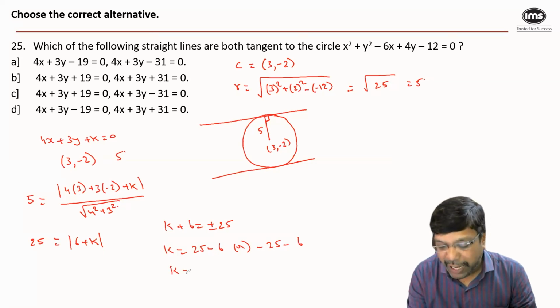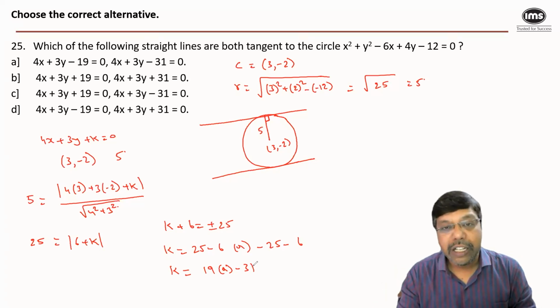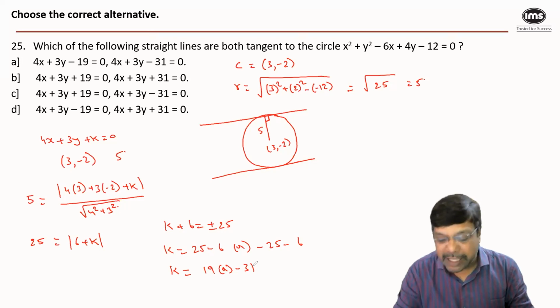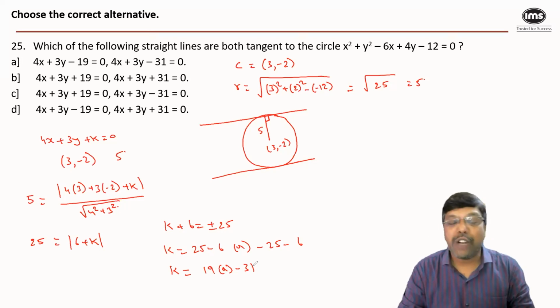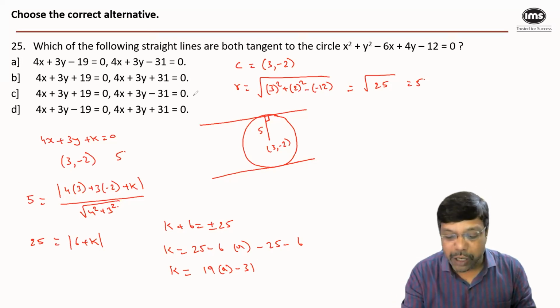So the value of k is equal to 19 or minus 31. Hence, the equations of the tangents to the given circle are 4x plus 3y plus 19 is equal to 0 and 4x plus 3y minus 31 is equal to 0.